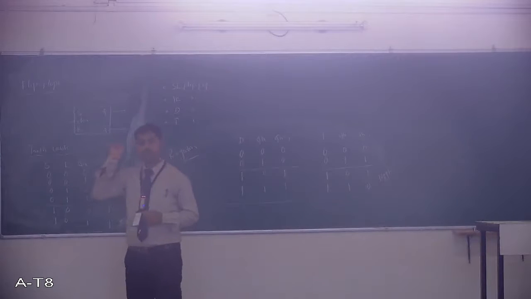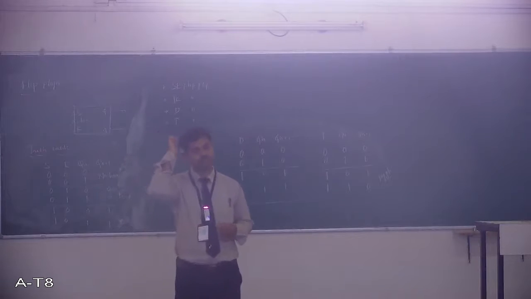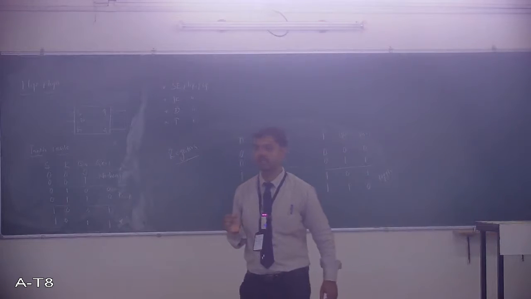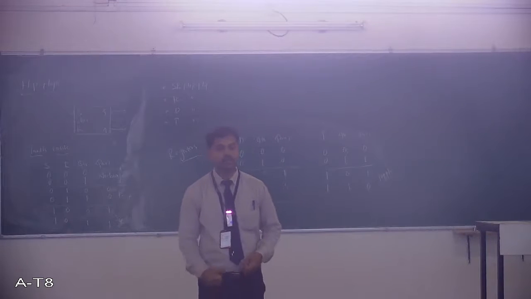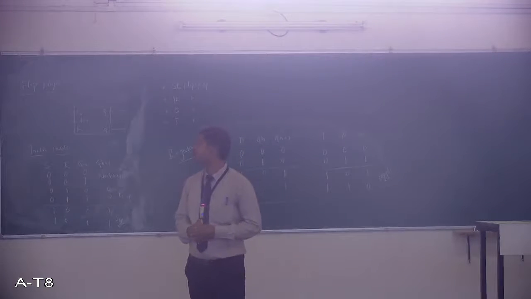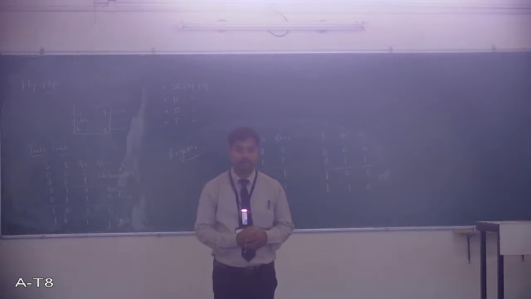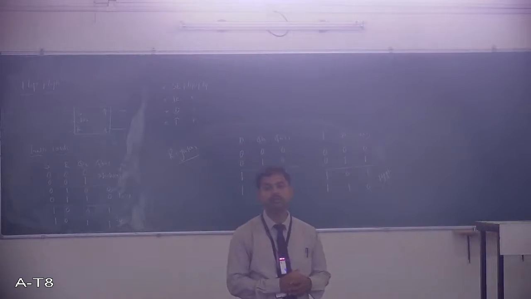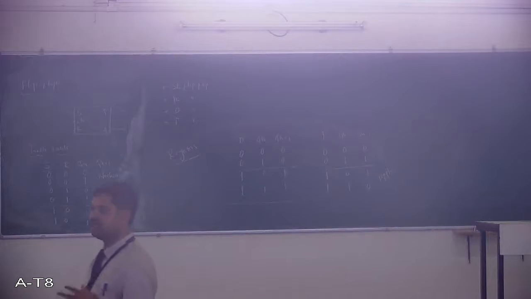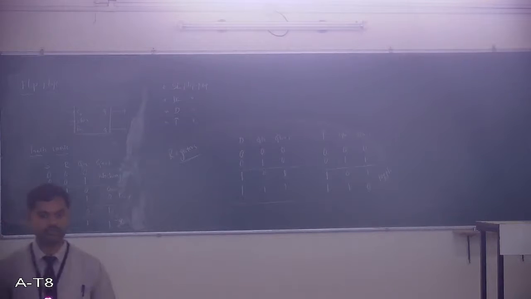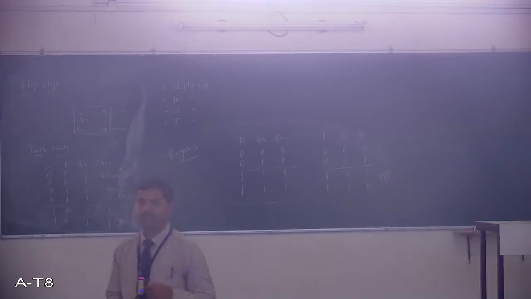So flip-flop is basically a sequential circuit which is capable of storing some binary information, and you have 4 different types of flip-flops, namely SR flip-flop, D flip-flop, JK flip-flop, T flip-flop. We'll see the truth table of each one of these.